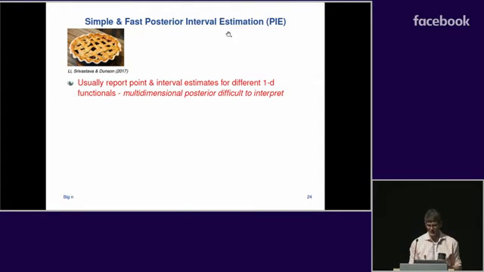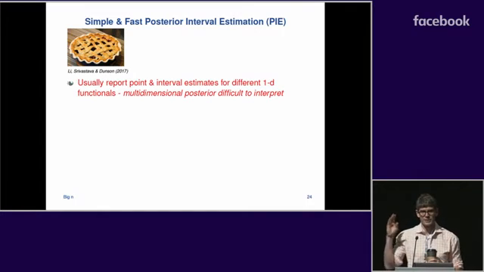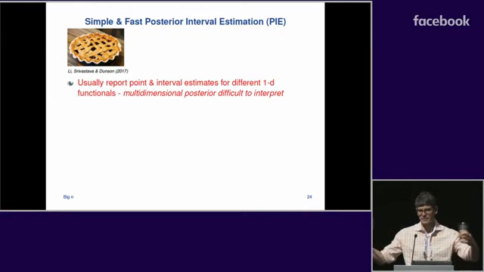So this is another variant that's kind of similar, but that we just had published last year in Biometrika. The idea here is that usually when we're doing Bayesian inference, we're almost always focusing on one-dimensional functionals. We have this joint posterior distribution, which might be for 5,000 parameters, but we're usually focusing on one-dimensional things when we're reporting the results.